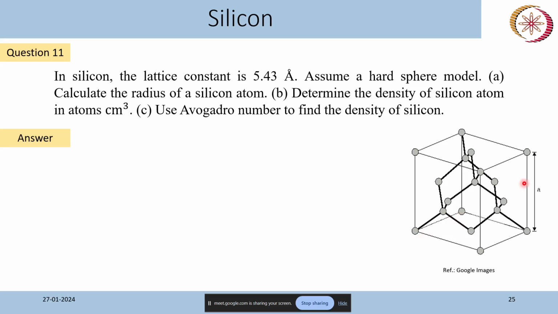So what is the body diagonal in the diamond lattice? If one side is a, then what will be the body diagonal?